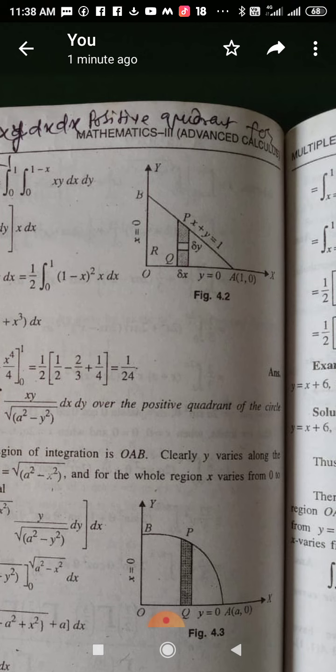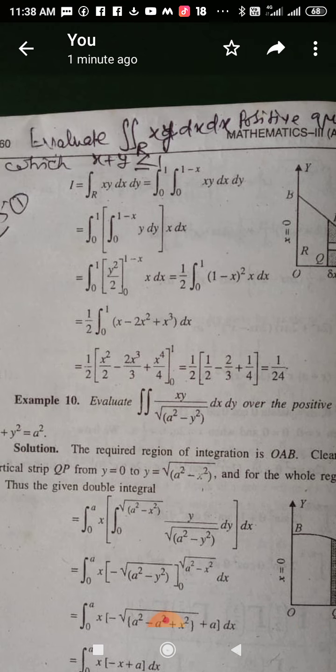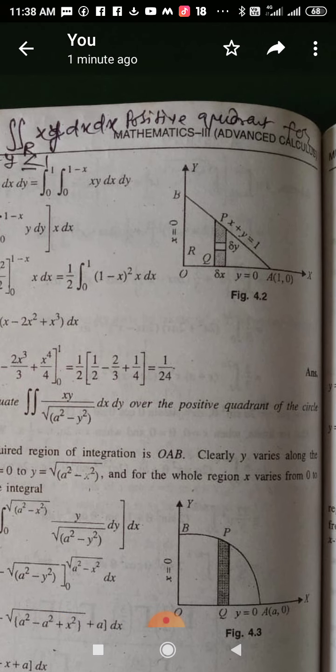So we have to consider the region under x plus y equals 1, because in the inequality given here x plus y is less than or equal to 1. So the enclosed region is the x axis, y axis and x plus y equals 1.